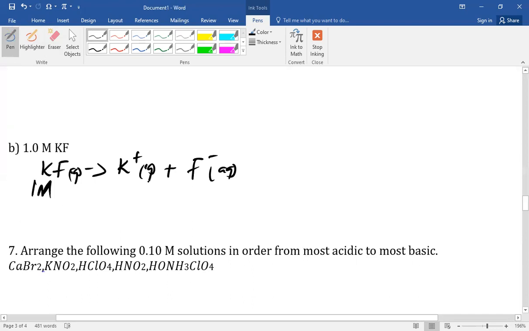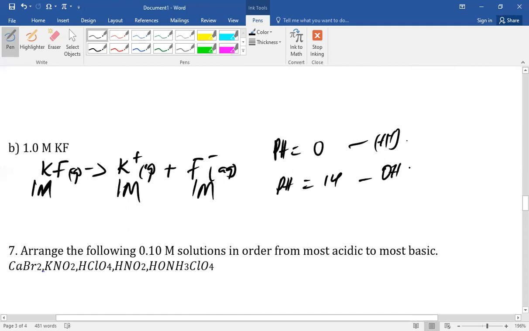Because here we have 1 M, even this is 1 M and that is 1 M, unless there's a 2 there, that's when you multiply that 2 with the M's. So the pH will be just like in the previous, which is 0. For the hydroxide ion, staying at 25 degrees Celsius, it will be 14.